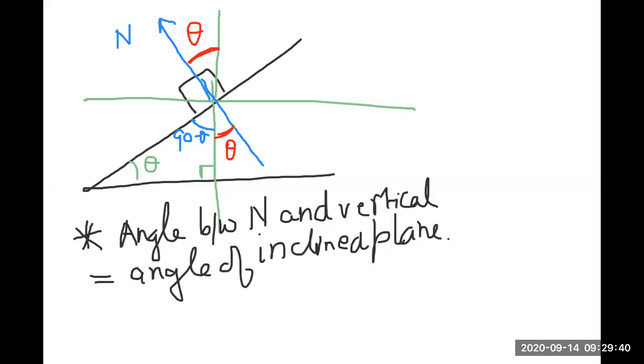Angle between normal reaction and vertical is always equal to the angle of the inclined plane. Please notice that this is angle theta and this is angle theta.